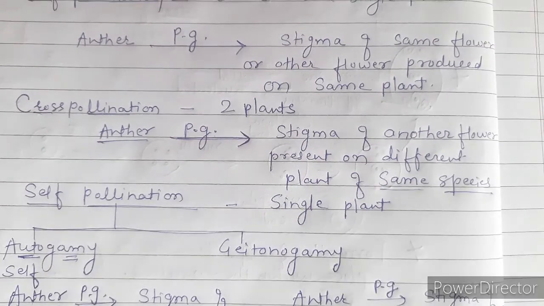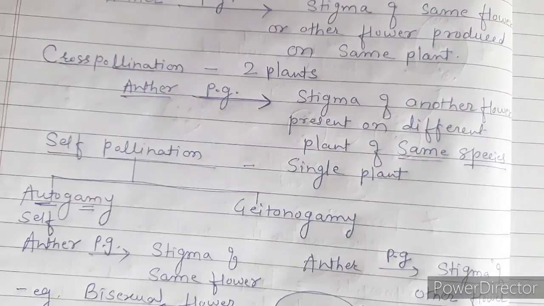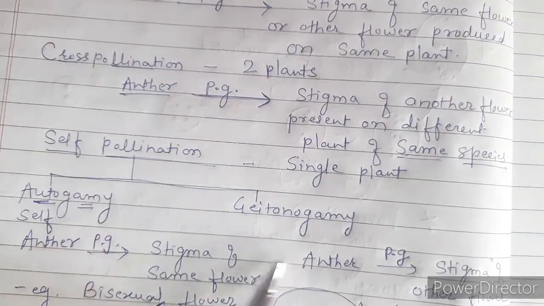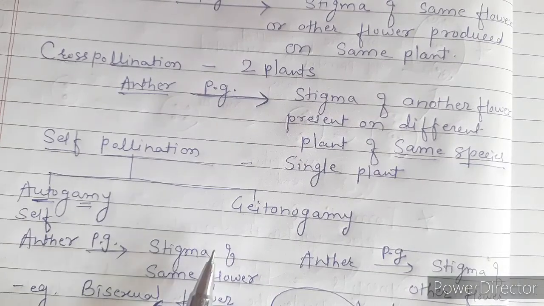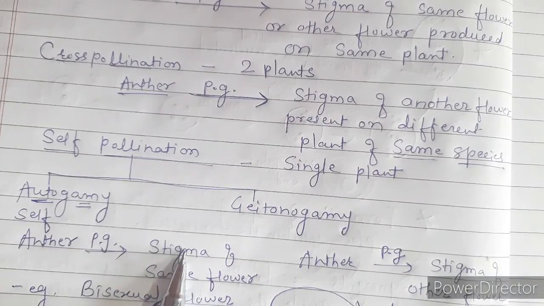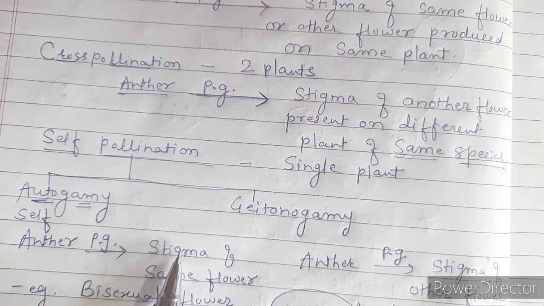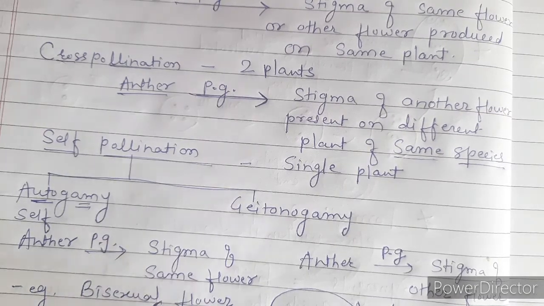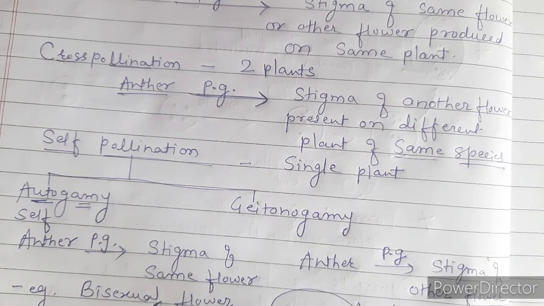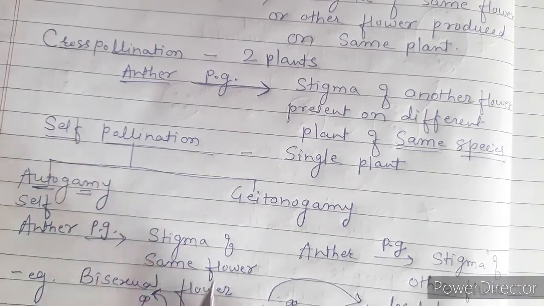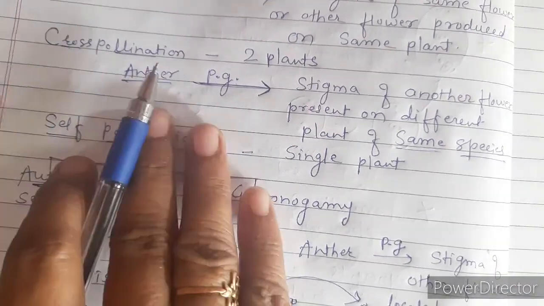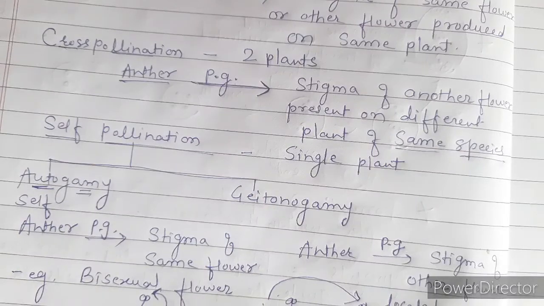For the process of pollination, to transfer pollen grains from anther to stigma, the flowering plants require different types of biotic agents. Okay, and in the next period we will see the types of pollinating agents required for the process of pollination. Okay students.